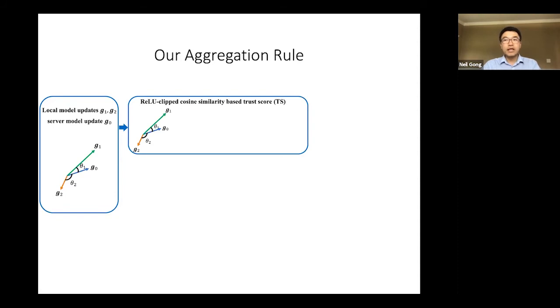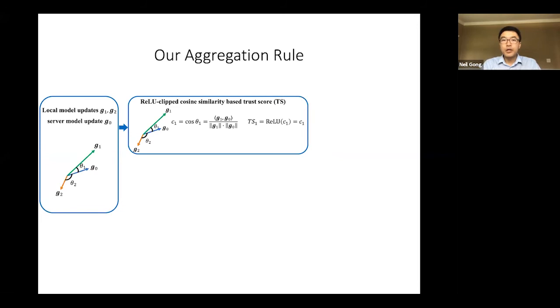Here, ReLU basically resets the cosine similarity to 0 if it is negative, and keeps the cosine similarity as the trust score if it's non-negative. In our example, for client 1, we first compute the cosine similarity between local model update G1 and server model update G0.